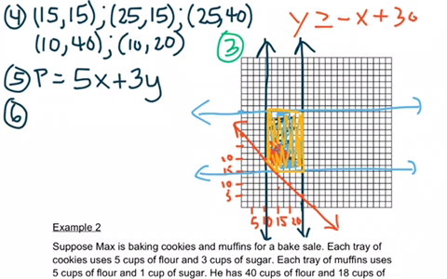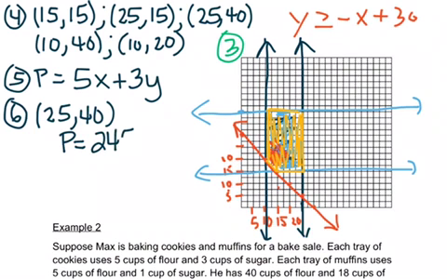For the sake of time, I'm going to sort of do some magic here. For step 6, if you plug all your points in, let's say I was plugging in 25, 40 into that equation, I would find that I get a profit of $245.